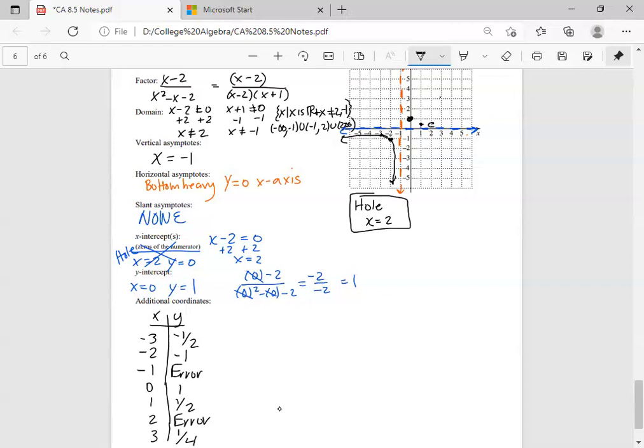I'm going to put it on the graph just so we can recognize that it's there. And then 3, 1/4. So it just gets closer and closer. So it kind of does something like this. It does not go back up like I just made it look like, sorry. It goes down, it gets closer and closer, but it doesn't touch it. Okay. So that is 8.5.